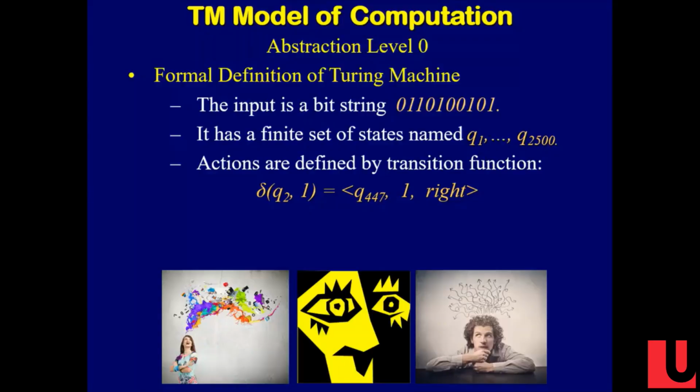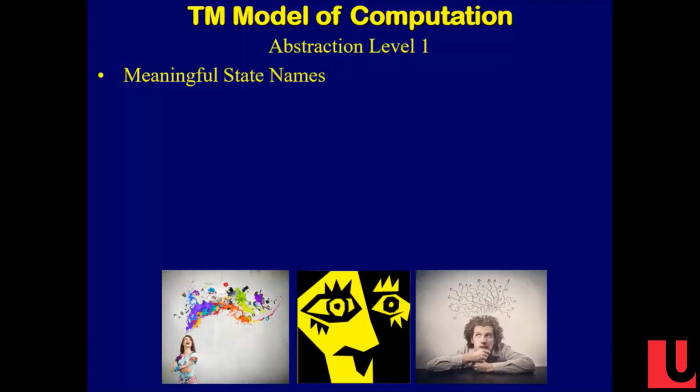So does everybody understand this bottom level, right? It's pretty straightforward. All right, so now we're going to go up a level, and all we're going to change is we're going to give new names to the states, all right? We're not going to have X variables or Y variables or lines of code. We're not. We're just changing the names of the states.